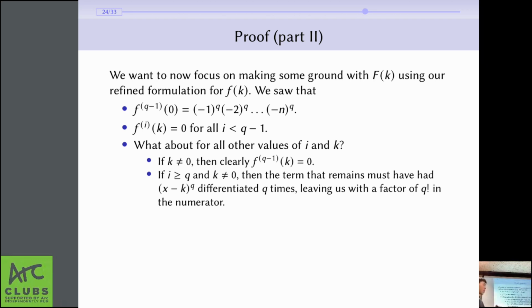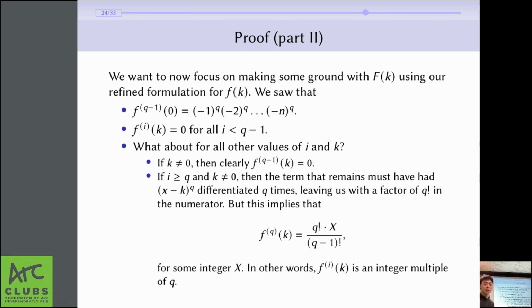If i is at least q and k is not 0, then these terms must have been differentiated at least q times. What that means is that it leaves us with a factor of q factorial at the top, right? Because each of those powers have to have gone down. And because we differentiated it at least q times, they will leave us with some q factorial in the numerator. Every other term is also an integer.